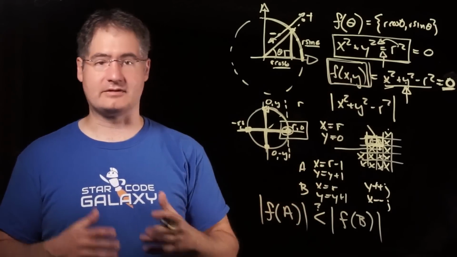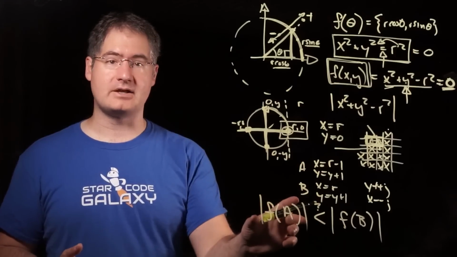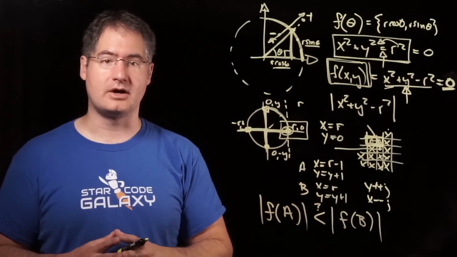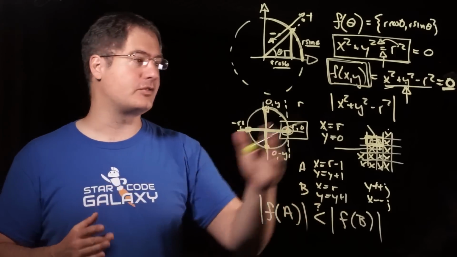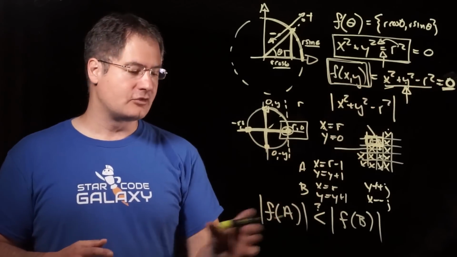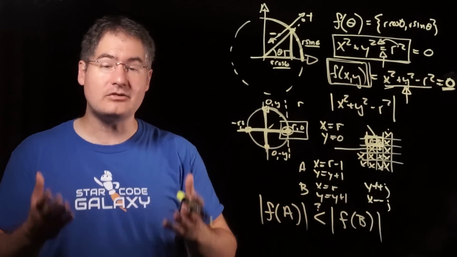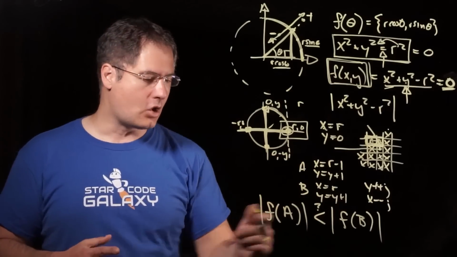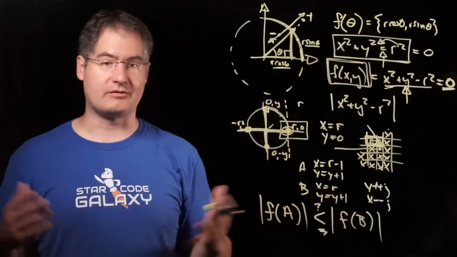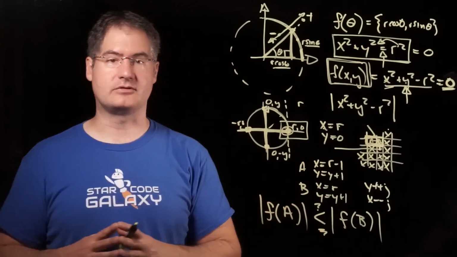It's a signed distance, but the magnitude of that will tell us how close to the circle we are. The closer that is to 0, the closer it is to being on the circle. So the magnitude of F(A) versus the magnitude of F(B) tells us which one is closer. All we have to do is test. Whichever one is less, that's the one that's closer.